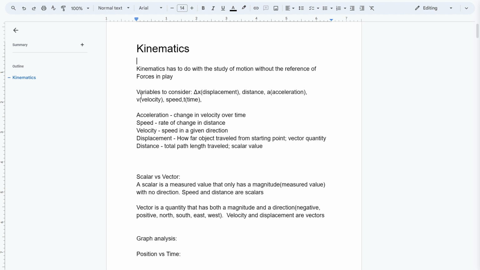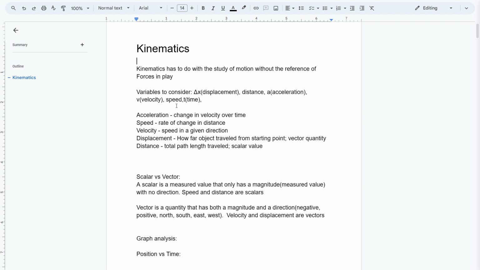Our next equation is for acceleration, which is equal to the final velocity minus initial velocity over time. By plugging in this acceleration equation, we can also derive that the final velocity squared is equal to the initial velocity squared plus 2 times the acceleration times the displacement.